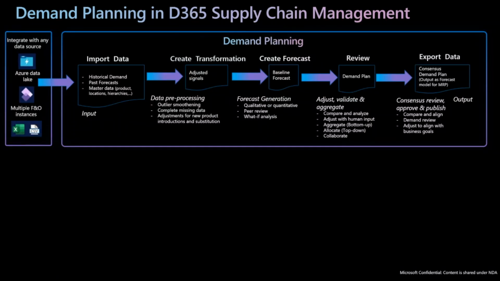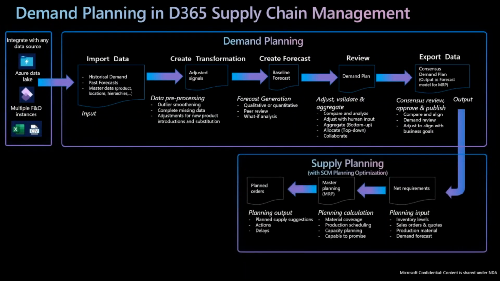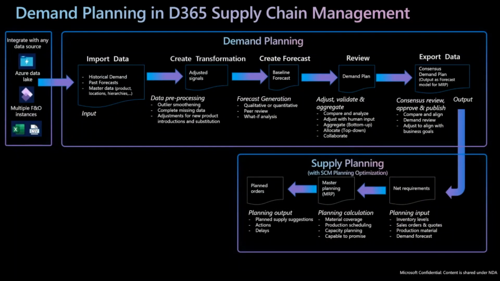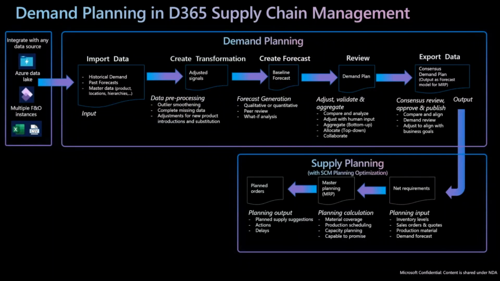And finally, once you have that demand forecast, it is that forecast that you can then use in your supply chain to make sure you have all the needed components and supply ready for you to perform your business operations. If you have supply chain management, it's that output, that item forecast, that is then passed to Dynamics Supply Chain Management.